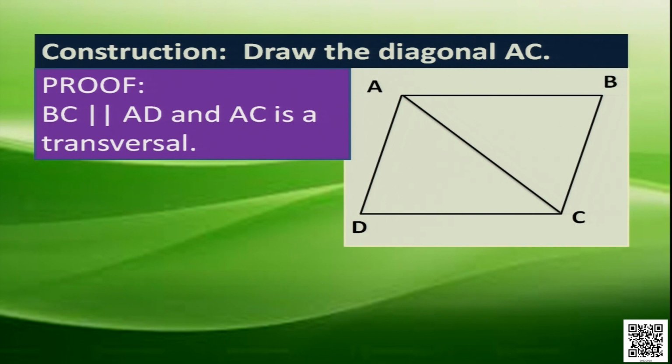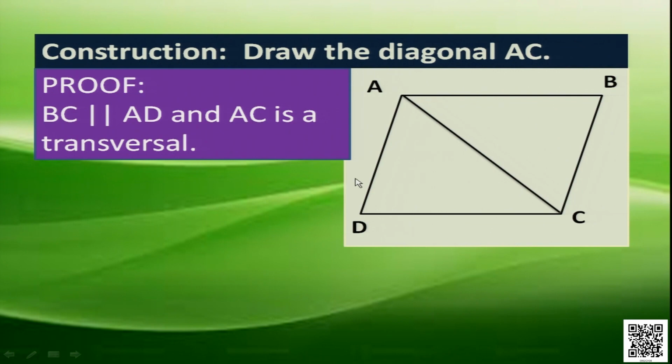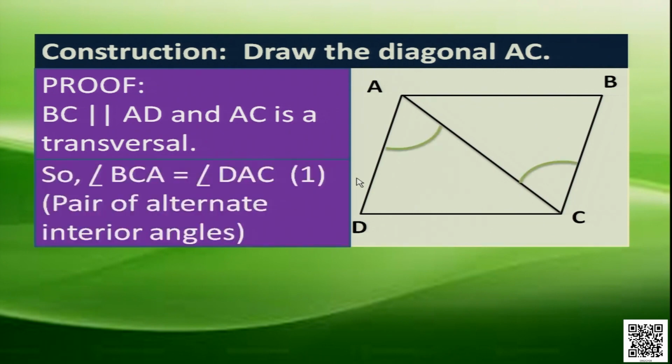As you know, here BC and AD are parallel. And the angle BCA and angle DAC, these two are equal because they are alternate interior angles.